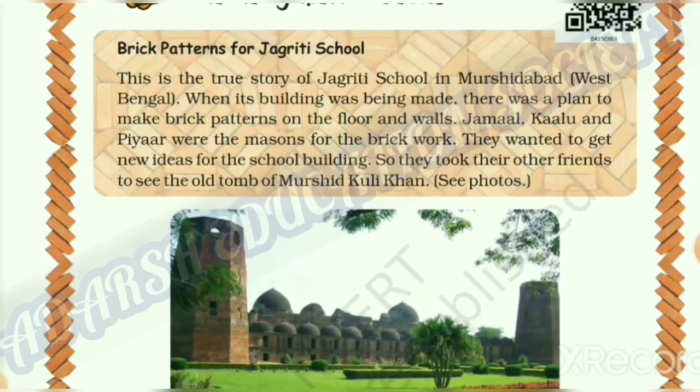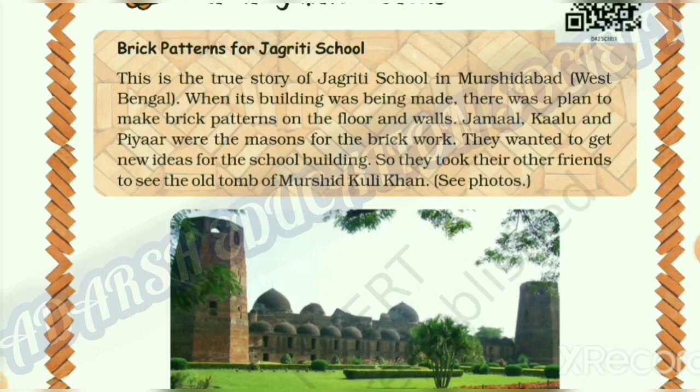Listen carefully. This is the story of Jagriti School and it is real story, which is located in Murshidabad, West Bengal. When the building of Jagriti School was being built, they had a plan to build a brick design on the ground and on the wall.